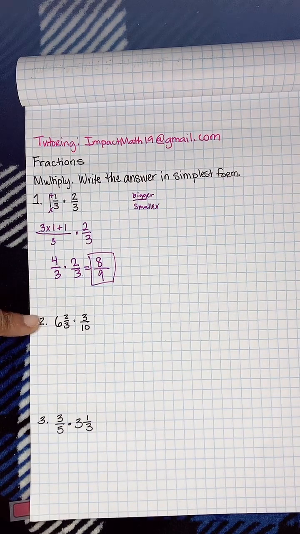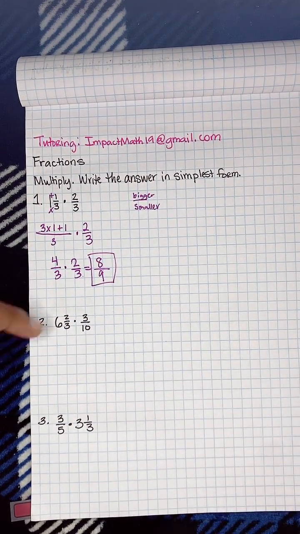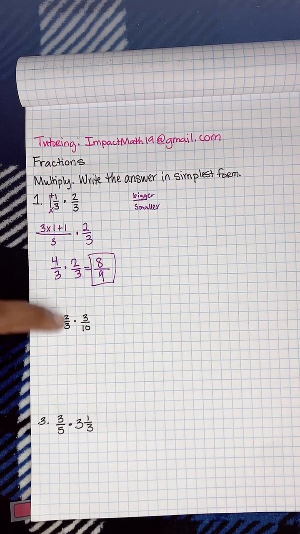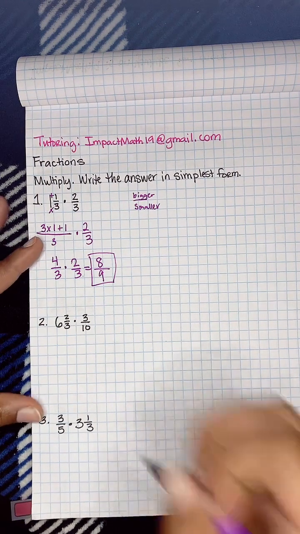So number 2 here. We have 6 and 2/3. Can you guys put in the chat, what improper fraction would you get for 6 and 2/3? Wonderful. 20 over 3, good.